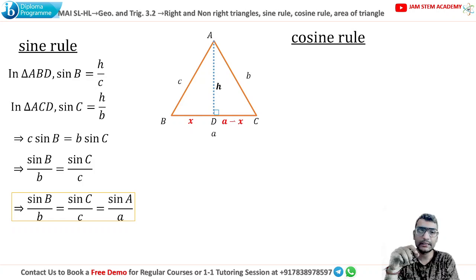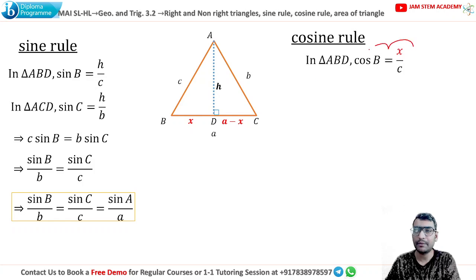Now again consider the same two triangles, this one ABD and ADC, and apply the cosine theta. Let's apply it here first. If I apply the cosine theta, I will have cosine B equal to x over C, adjacent over hypotenuse.